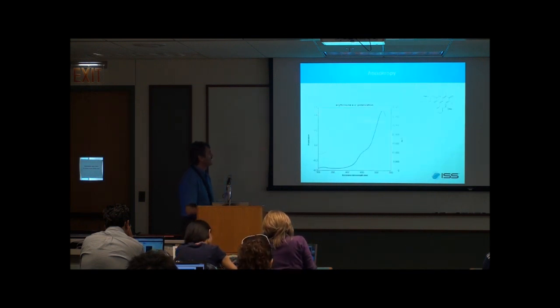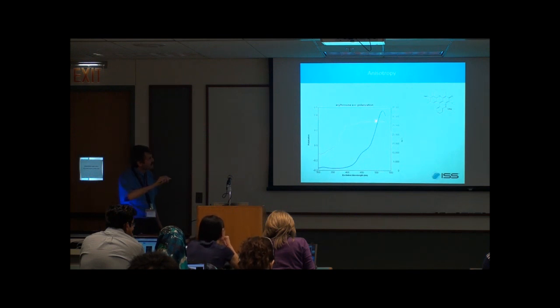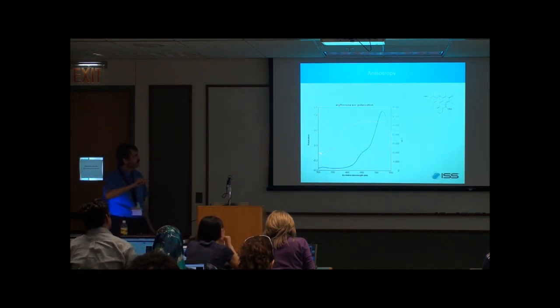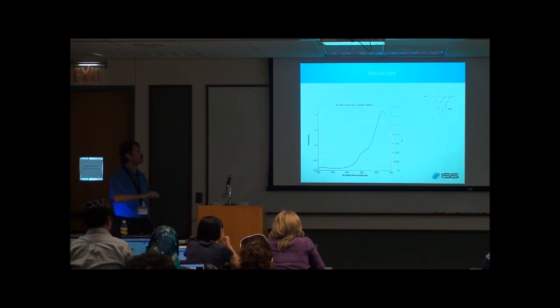Now, let's see how practically this plays a role. Here we have erythrosine, which is this molecule. We have an absorption, an excitation spectrum. So this is again the wavelengths where this compound absorbs light. Here we measure the polarization at different values, so it's called an excitation polarization spectrum.